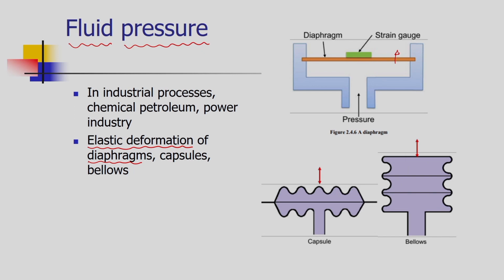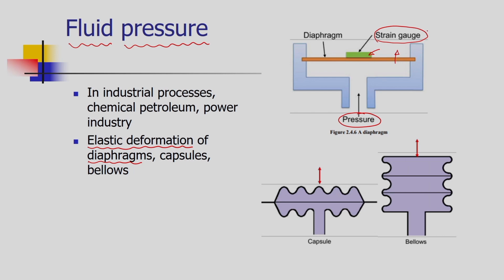This elastic deformation can be sensed with the use of a strain gauge, which is mounted on the other side of the surface, and then we can easily find out the pressure in terms of the strain that is generated in the strain gauge.